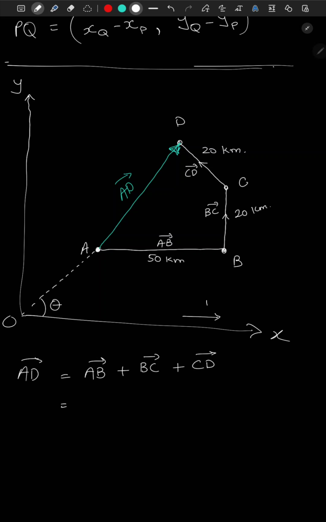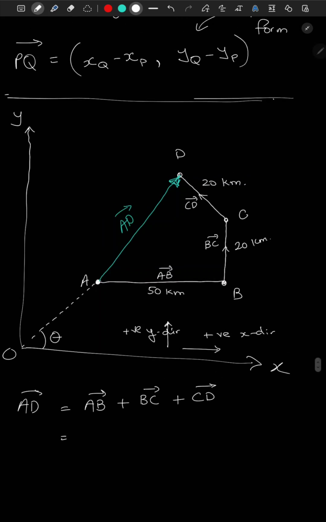So we take this as a positive x direction, and this is a positive y direction. So it is 50, and the y component is 0. It hasn't moved in the y component, so it is 50 and 0, plus BC. BC is only to the north, so it has moved in a positive y direction, so it is 20, but the x direction is 0 here.